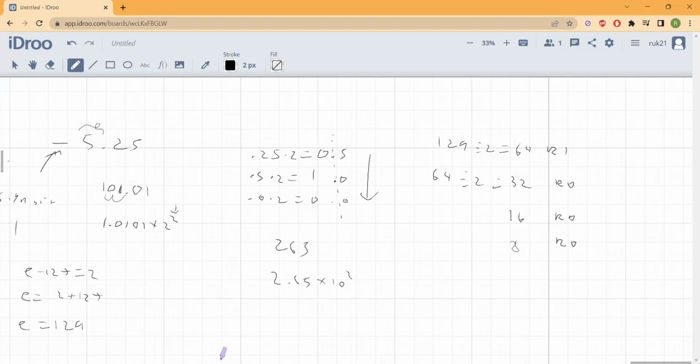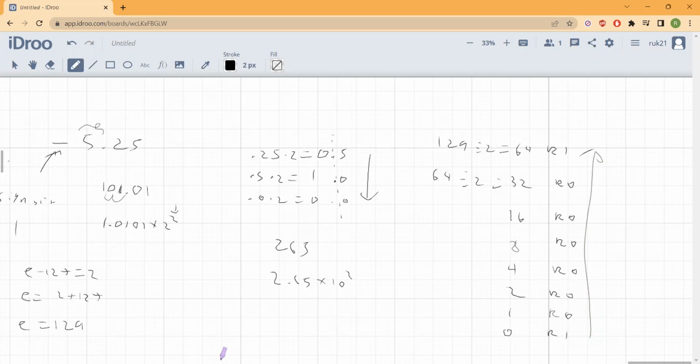I'm just rushing it along because it's a lot of writing. 4 remainder 0, 2 remainder 0, 1 remainder 0, 0 remainder 1. And so our number then is this. This is our exponent, and we should get 8 bits: 1, 2, 3, 4, 5, 6, 7, 8. Perfect.